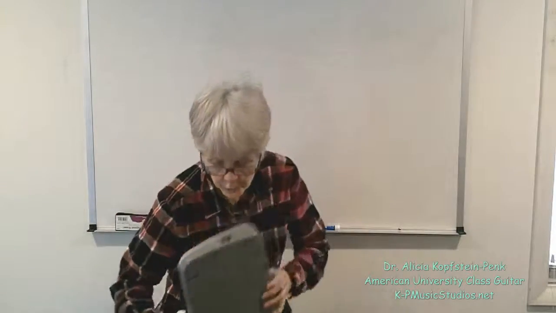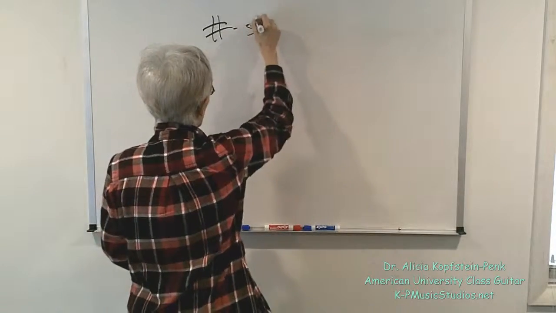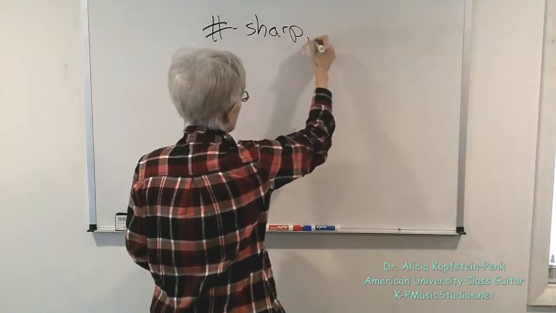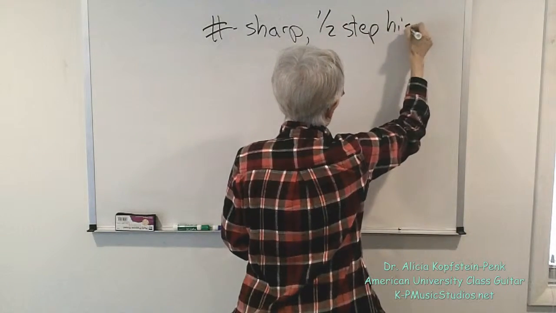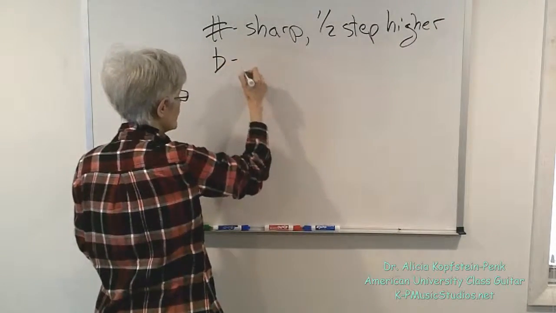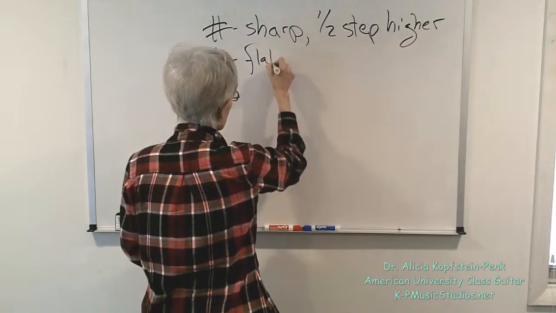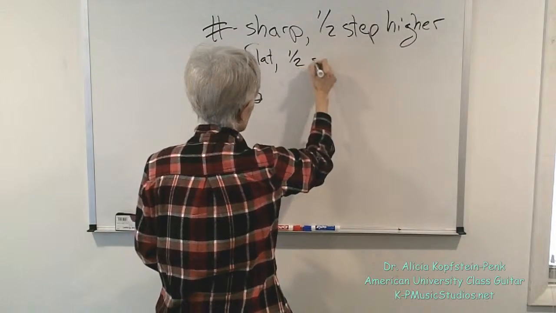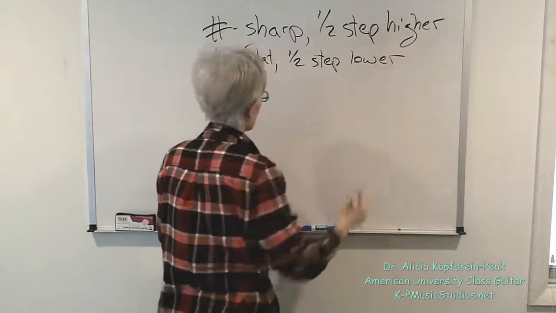And that's when we get into terms like sharp, which means a half step higher. Then there's this symbol, which is a flat, which means a half step lower.